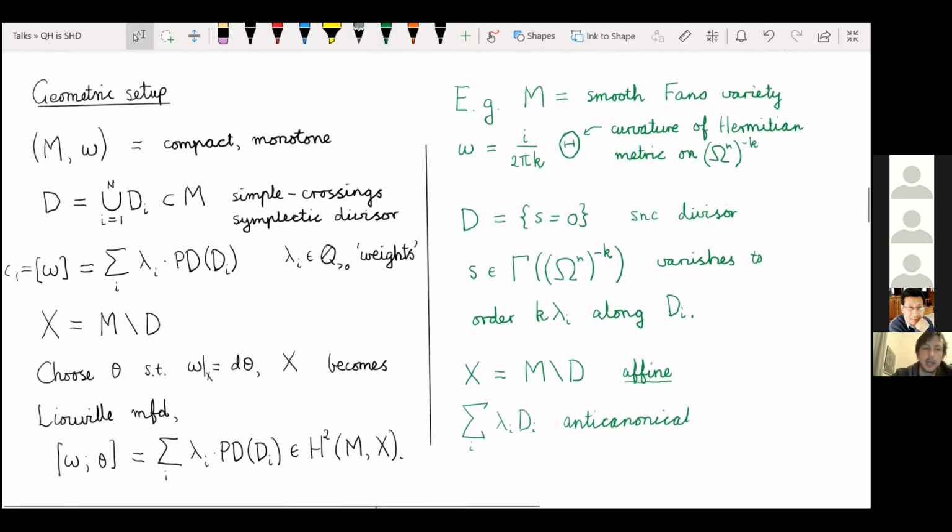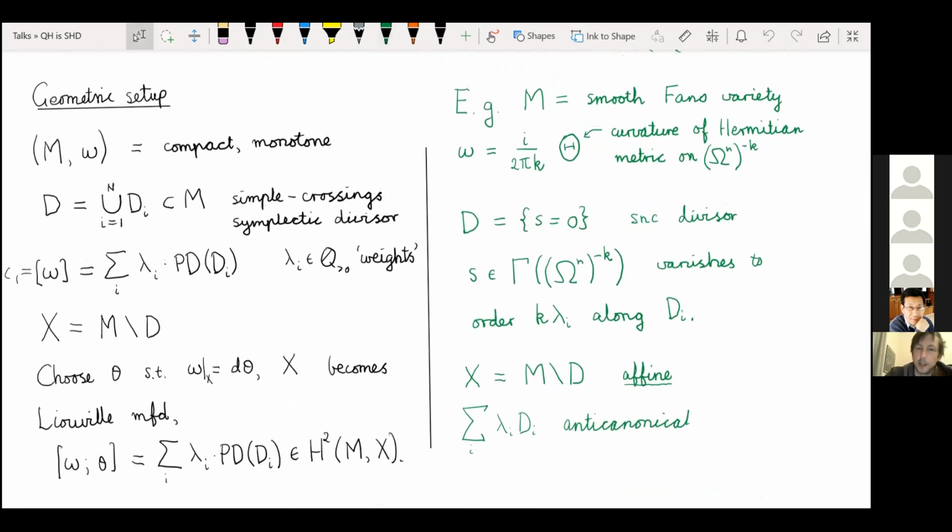So now let me introduce the geometric setup which I'm going to use. M is going to be one of these compact monotone symplectic manifolds.